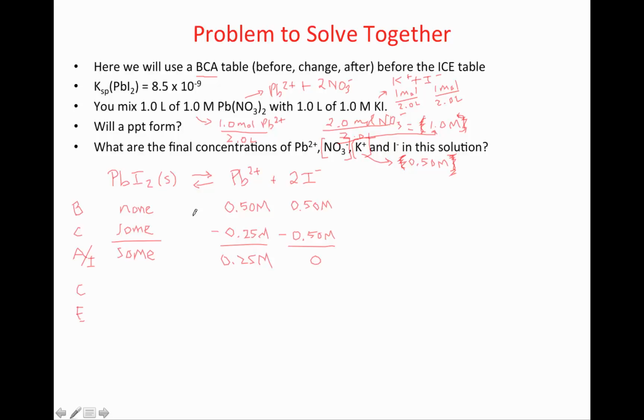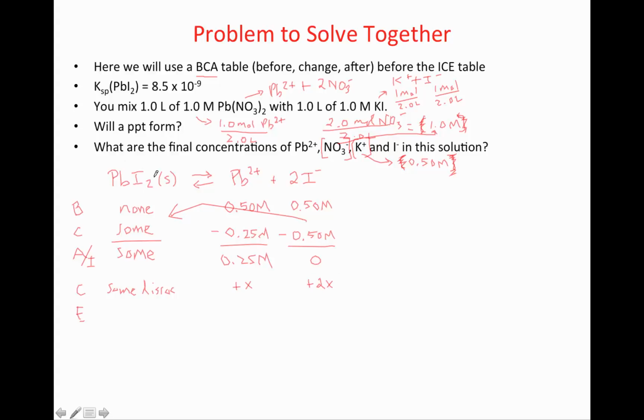So this always happens in a BCA table. We go one direction, and then we let things come back just a little bit the other way just to get to equilibrium. So now I'm going to let some dissociate. And when that happens, I'm going to get an amount plus x here and plus 2x.